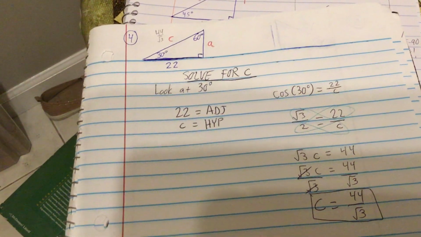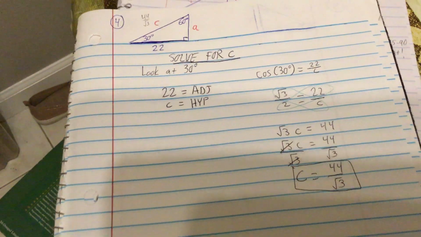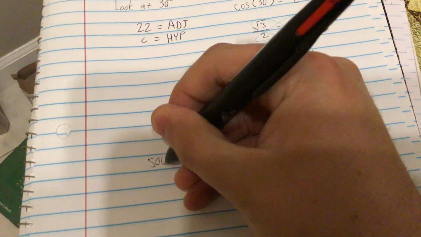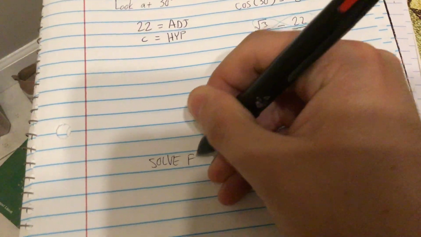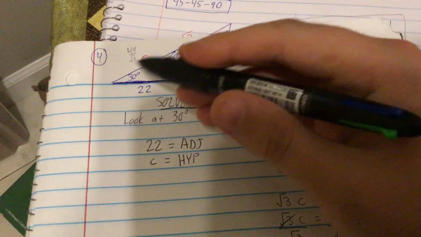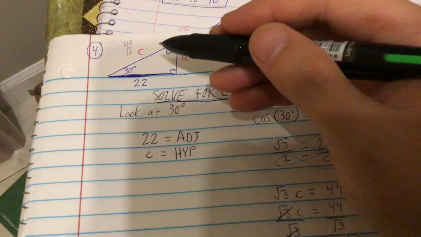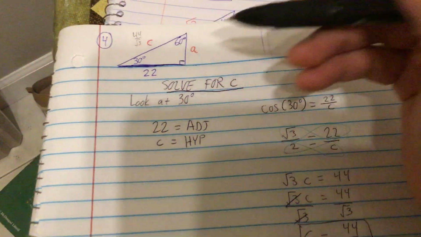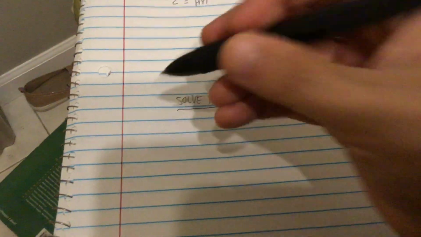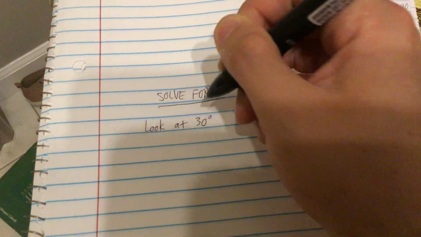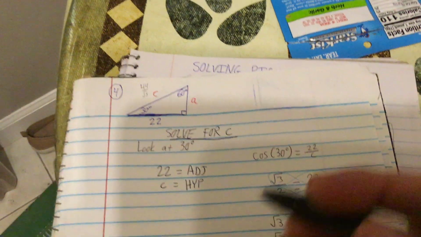Now then, if I were to look at the 30-degree angle and I want to solve for A now, actually, you know what? Let's see, what options can I do with this problem? Well, I'm going to use A and 44 over radical 3. Sometimes this takes a little bit of thought process even for me.